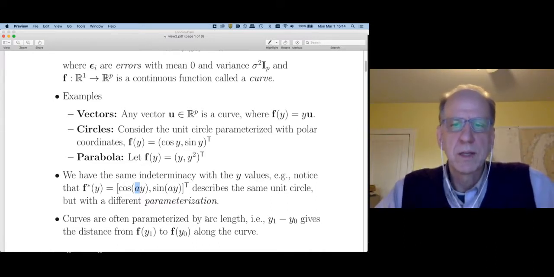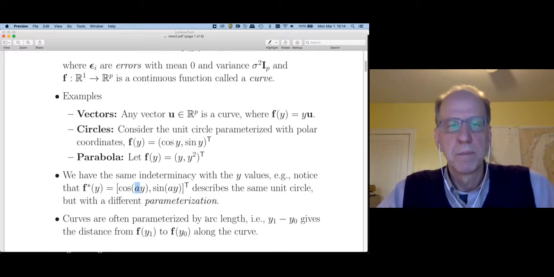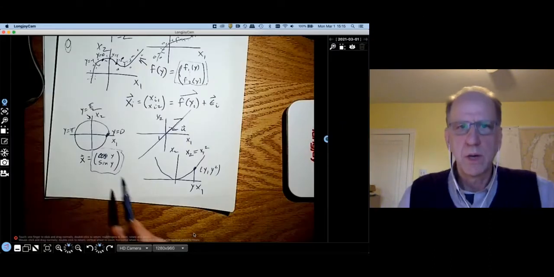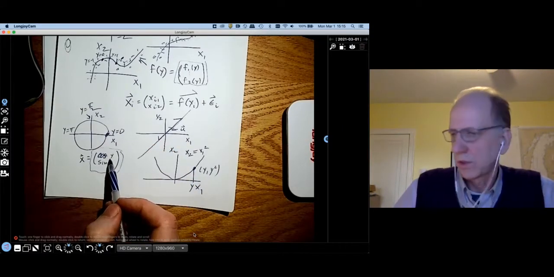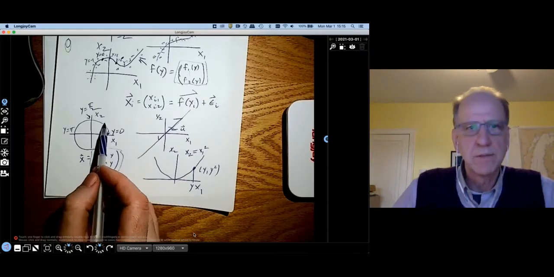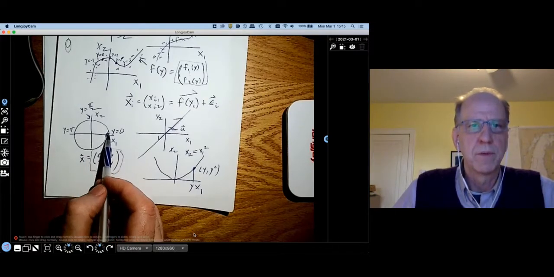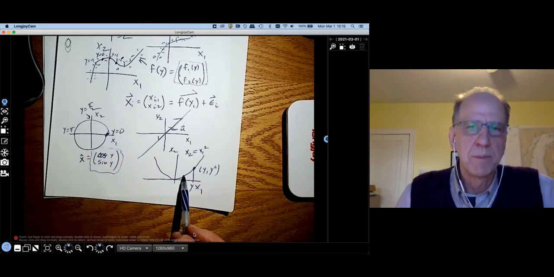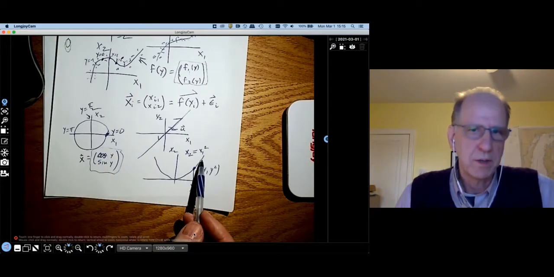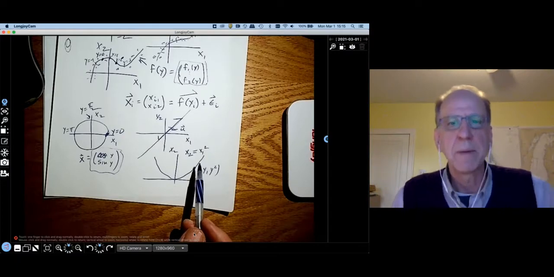We don't know exactly where the starting point is, but at least we constrain ourselves to have differences in y giving the distance along the curve from one point to another. I'll just point out that with the usual parameterization of the unit circle, y gives the arc length around the circle. My parabola example is not parameterized by arc length, and to do so would get kind of messy.